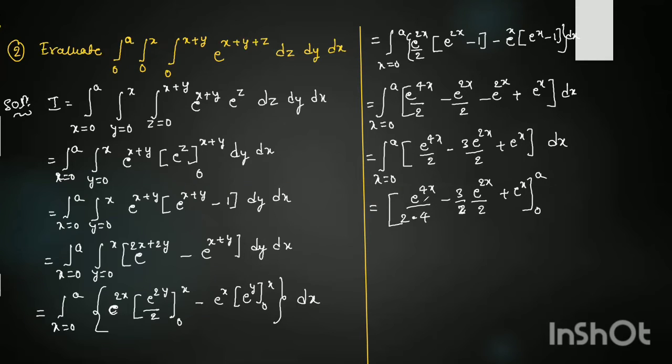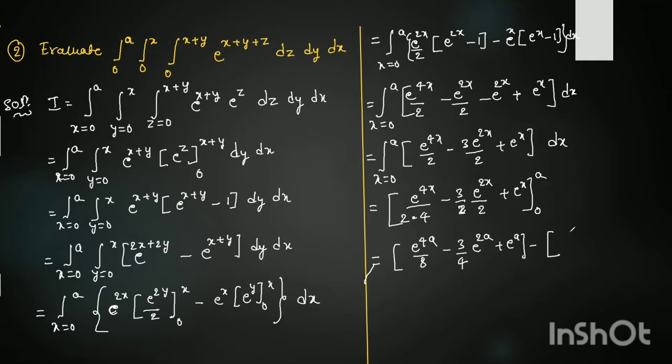First apply a in place of x, then apply 0 in place of x. e to the power 4a by 8, minus 3 by 4 e to the power 2a, plus e to the power a.